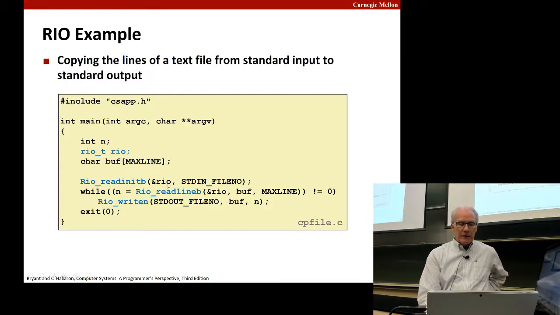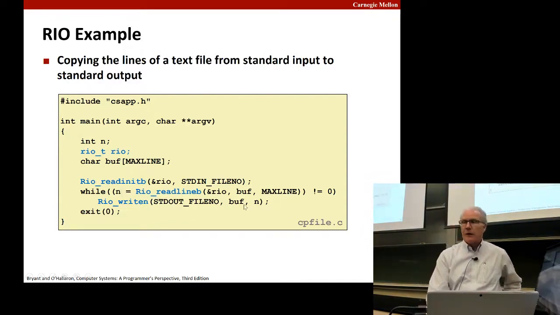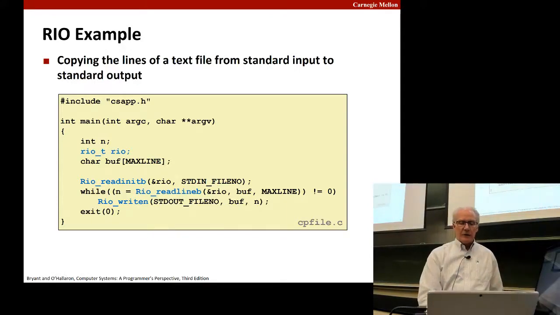I initialize it to say I want this to be a buffer of the standard input. And then I'll start calling readline on that buffer, and for each line it returns, I do a write to standard output of what I've read. So you'll see the output in this case is not buffered, it's just a direct write, but the input is.